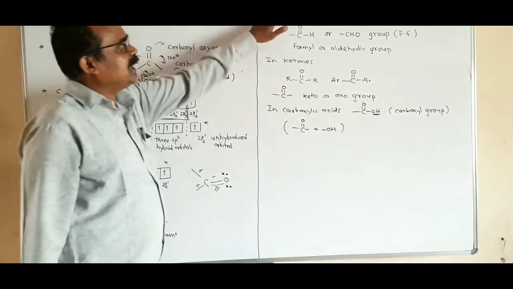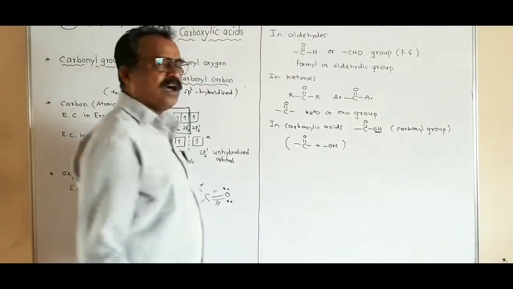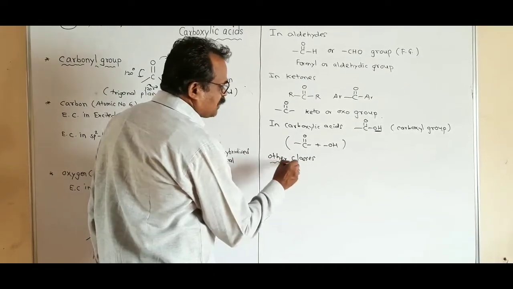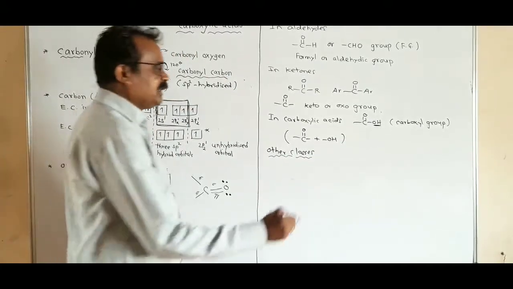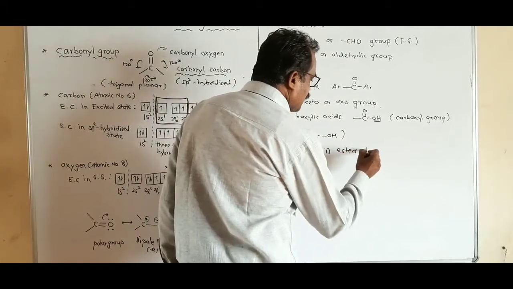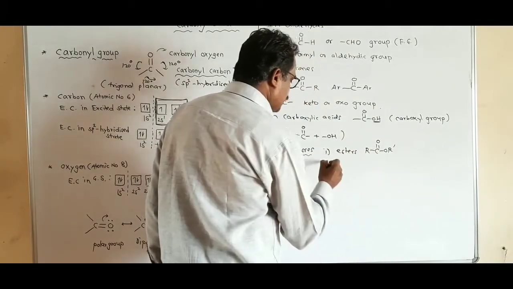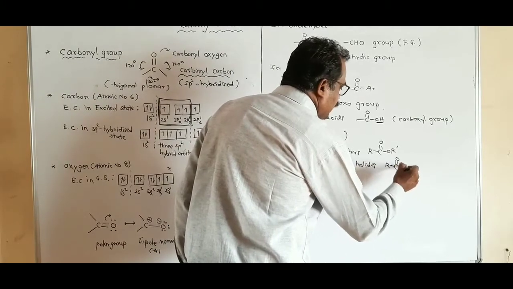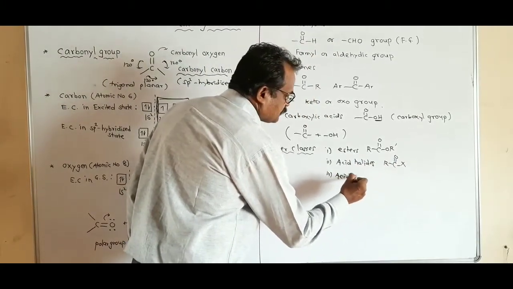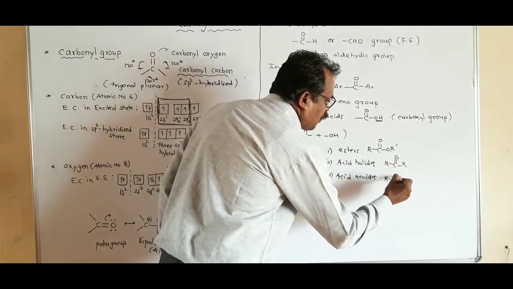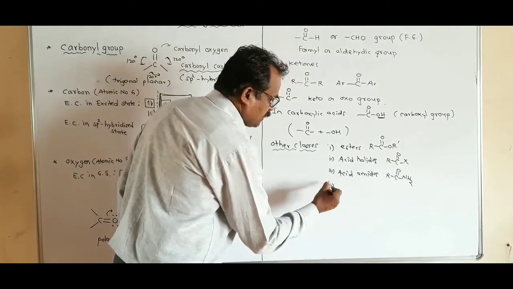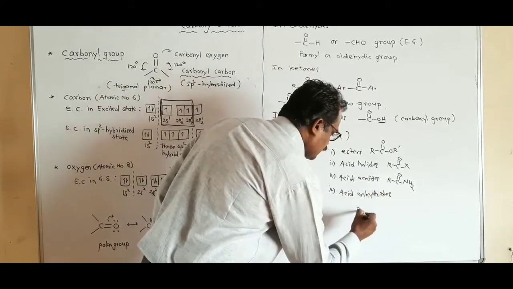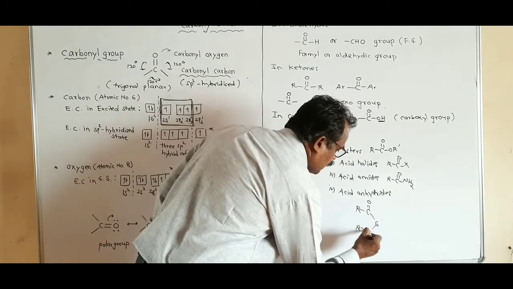Other than aldehydes, ketones and carboxylic acids, there are also other classes of organic compounds containing the carbonyl group, and they are esters, RCOOR', acid halides, RCOX, acid amides, RCONH2, and lastly acid anhydrides, (RCO)2O.